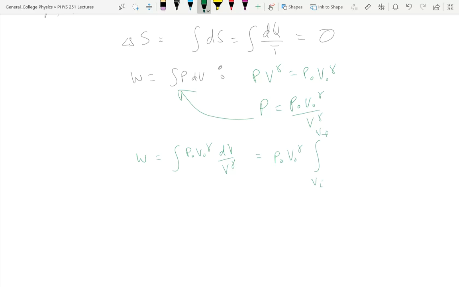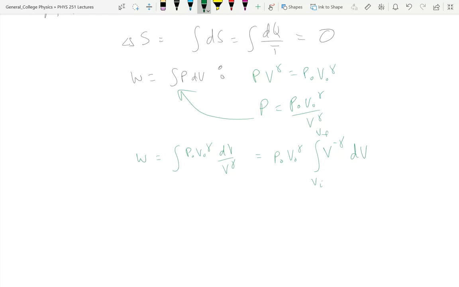I prefer to write it this way so I don't mess up. Remember our first assignment, we did some of that, taking 1 over V to the nth power is equal to V to the minus n. I do that so I won't mess up the integral.